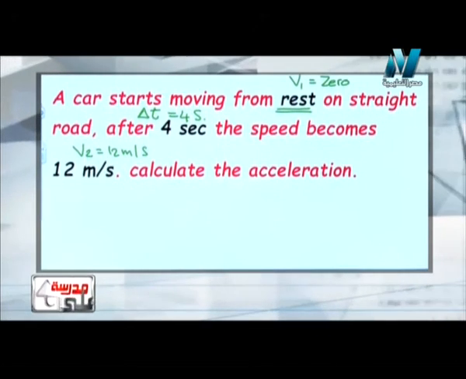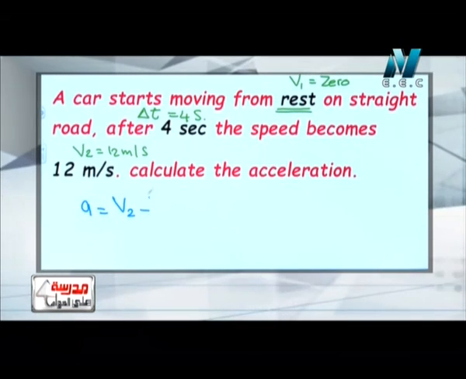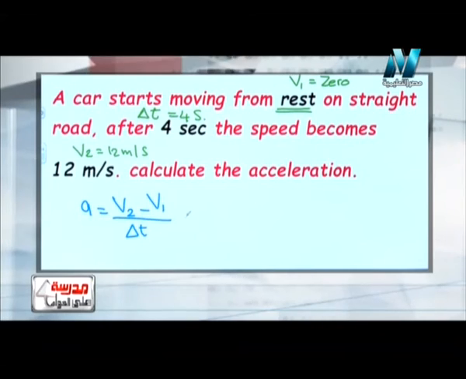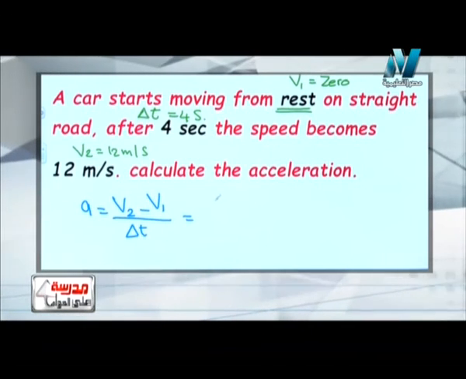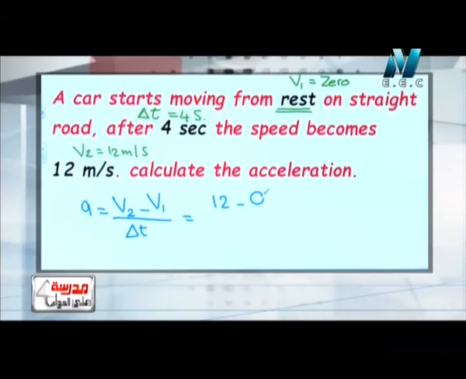So we know acceleration equals V2 minus V1 over delta T. V2 equals 12 minus 0. Why 0?